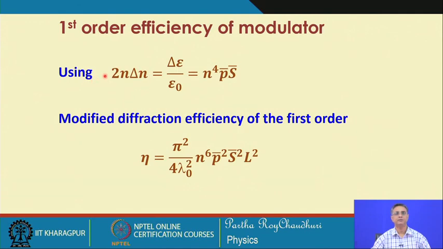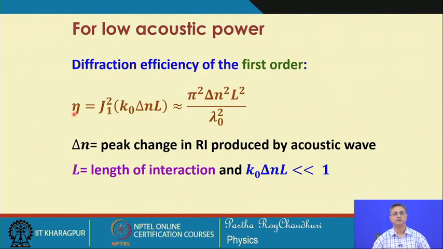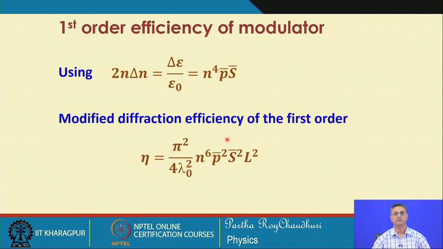Now again, using delta n equal to half n cube p into s, this will give you the diffraction efficiency in this form. This is for the case when the acoustic power is low, and we have seen how we can approximate the diffraction efficiency as this.